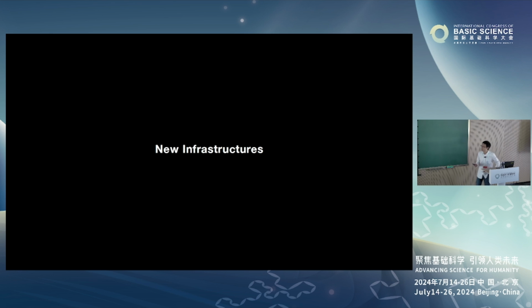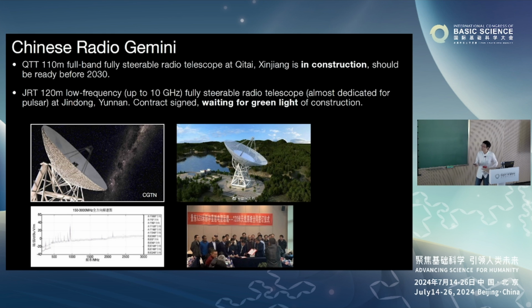On the infrastructure side, we are building new telescopes, and there will be two very large radio telescopes within China. One is in Xinjiang Qitai. This is a 110-meter fully steerable, full-band radio telescope, already under construction, and I think it should be done before 2030.